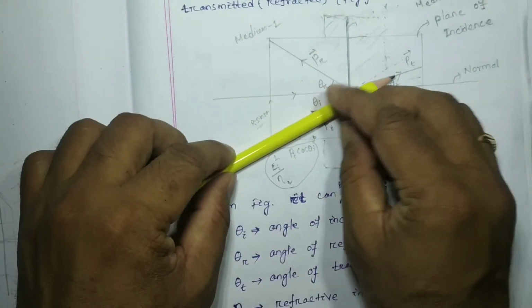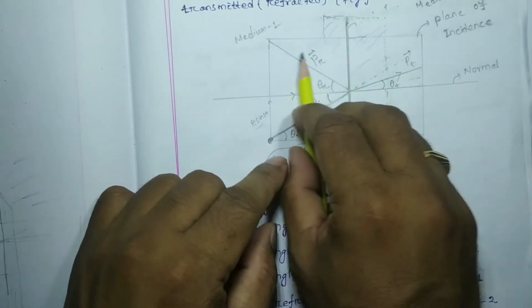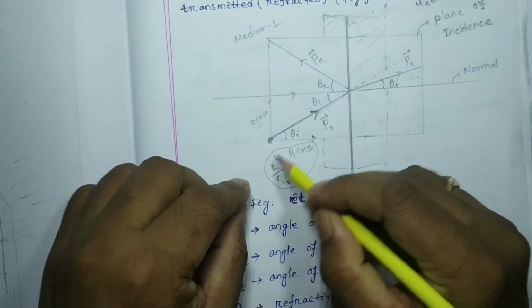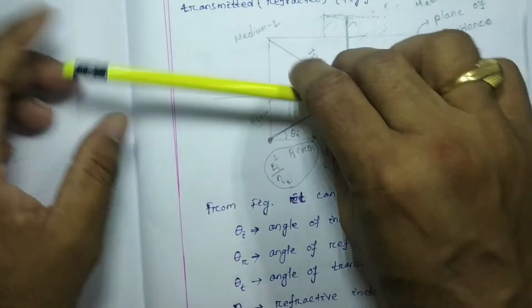In this way, as the angle theta changes, the power will propagate less. That means theta will change, and this whole thing is going to change. So if theta is 0, then this is normal incidence.